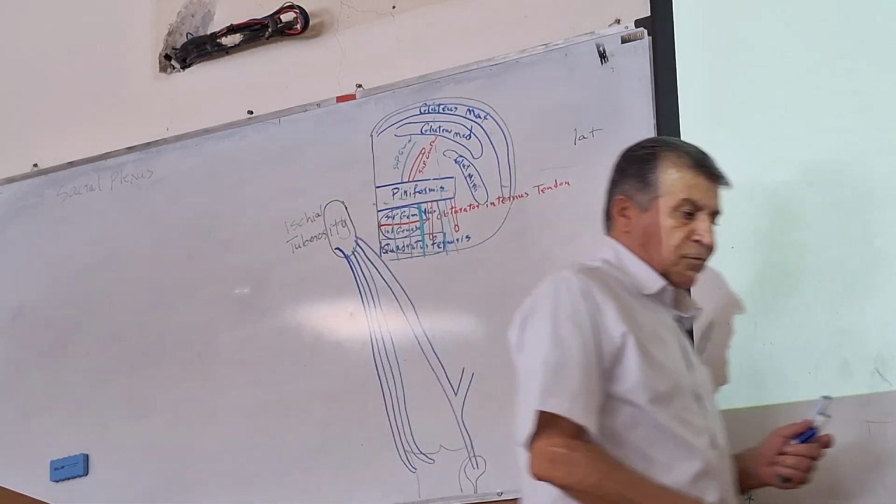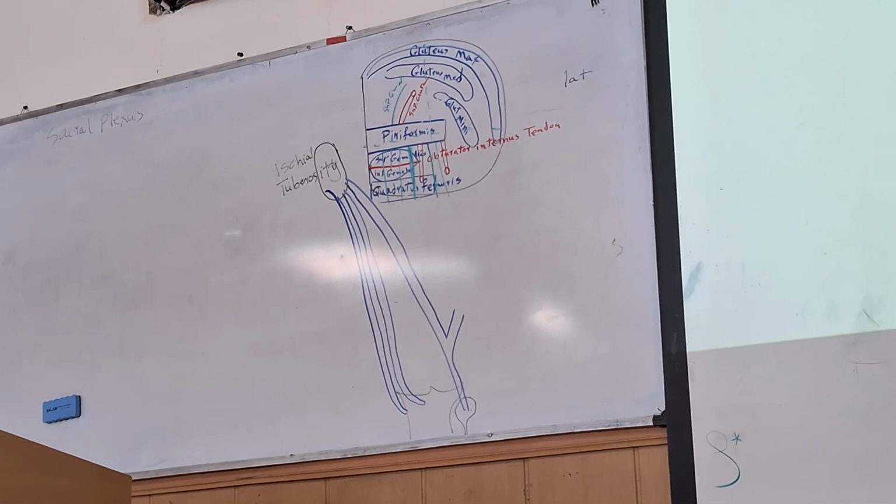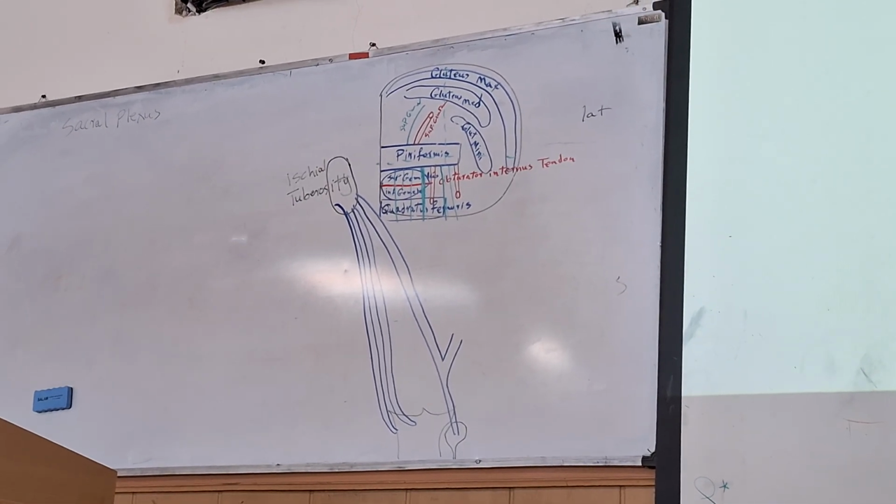The posterior compartment of the thigh has 3 muscles.